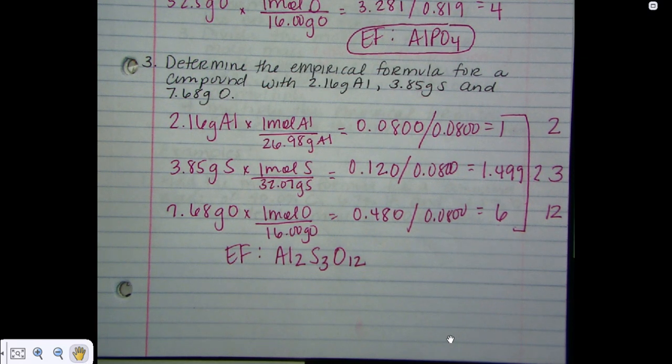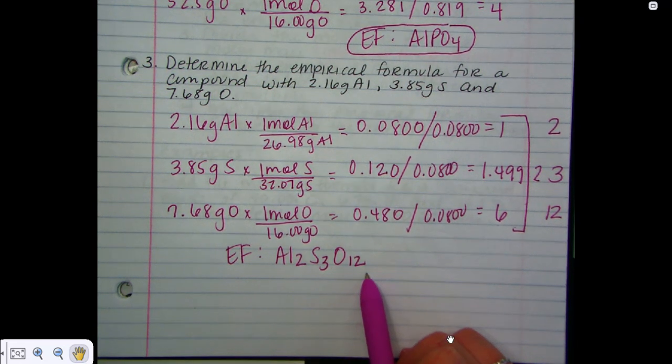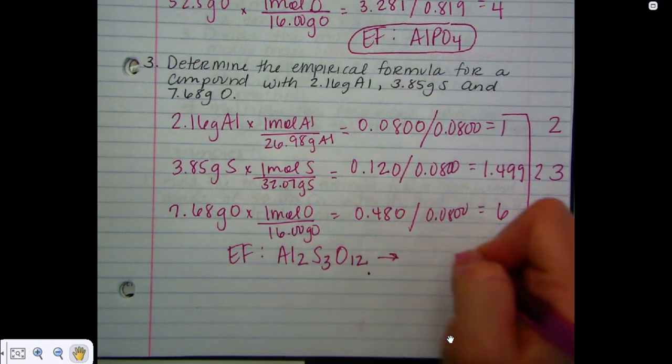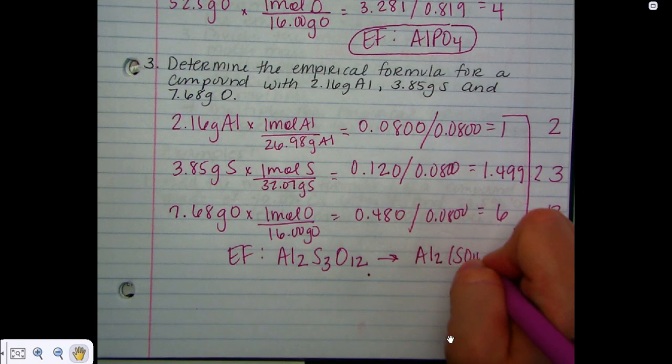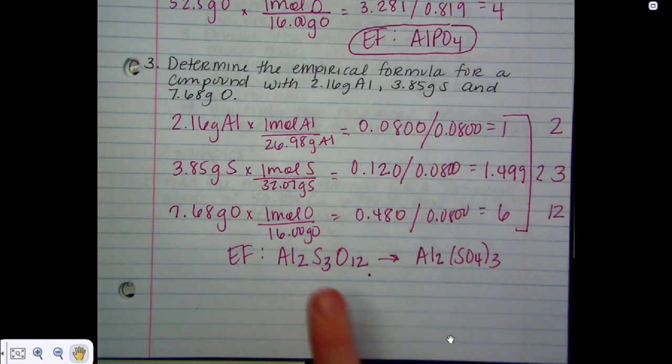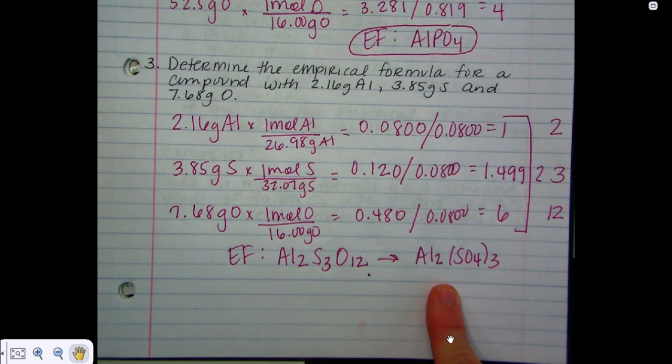Okay, that's fine, but what should you be able to recognize here? This is aluminum, S3O12. It's probably going to be reducible. This is a polyatomic ion, right? So Al2(SO4)3. Will I take this as a right answer? Yes, all day long. Is this a better right answer?